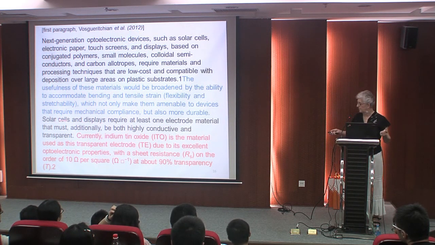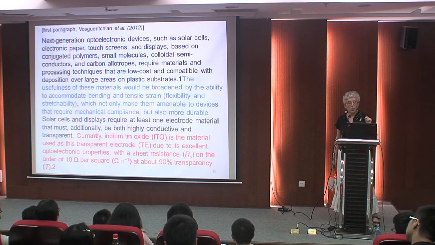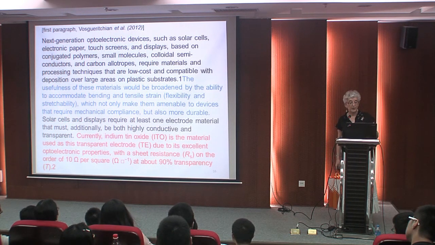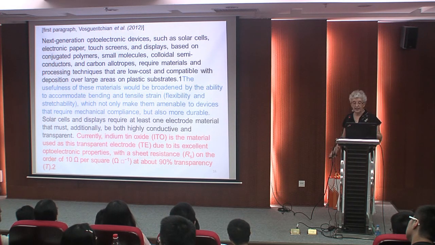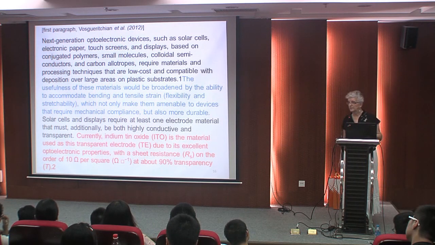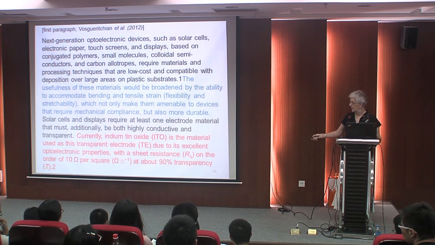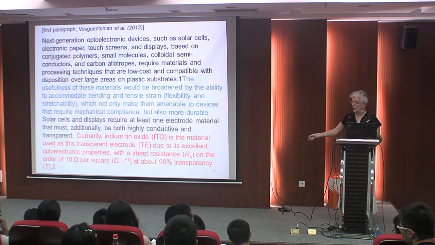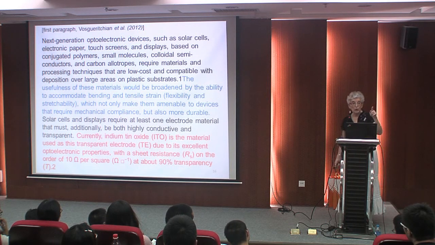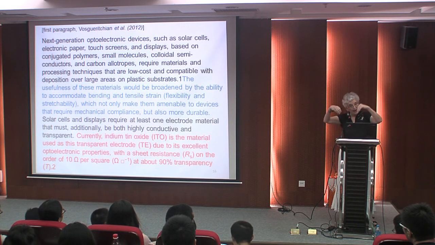Back to stage 1. Solar cells and displays require at least one electrode material that must additionally be both highly conductive and transparent. Back to stage 1, introducing a new bit. Now, I'm not sure whether this is 1 or 2, maybe 1/2, a mixture of background, importance, and other people's work.